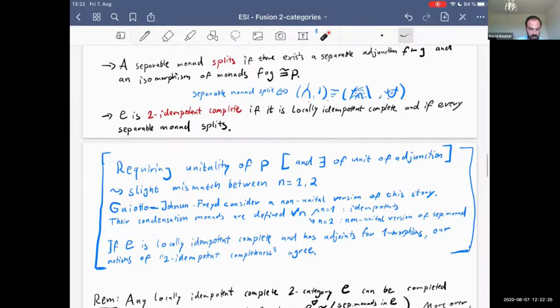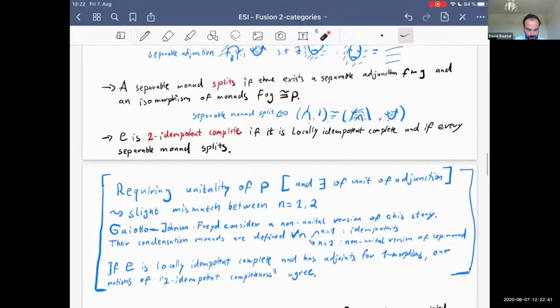And as a comment, also proven in that paper, if C is locally idempotent complete and has adjoints for 1-morphisms, these two notions of idempotent completeness agree. So depending on which one you're more familiar with, you can use whichever you like in the setting that we're working in here.